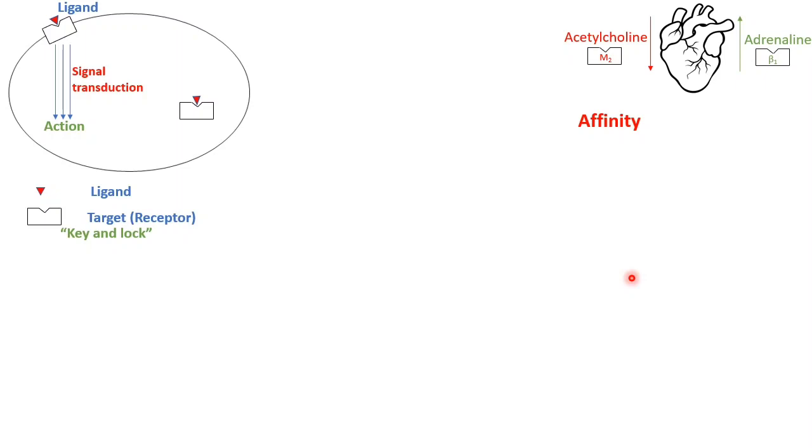One that acted on the receptor, that gave the same actions of adrenaline, so it bound to the receptor and gave an action, and we discussed another ligand that bound to receptor without giving any action.